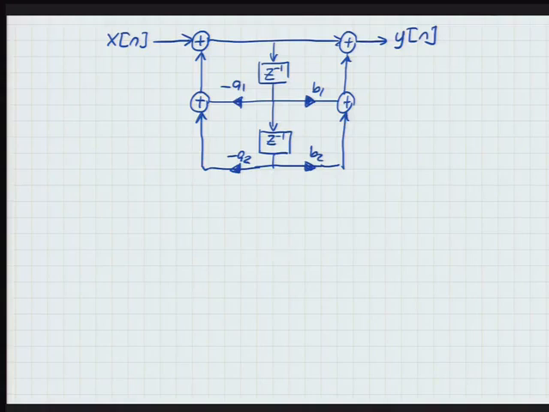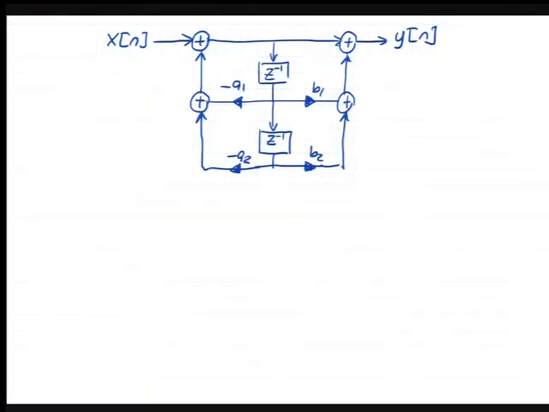If you do that, the rest is very easy. Don't just define random state variables. However many delay elements you have, you should have as many state variables. And you should select the state variables to be what flows out of these delay elements.